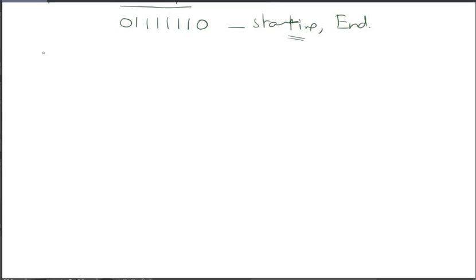Now there is another problem with this bit oriented protocol. Here also this flag can create the same type of problem which was there in the character oriented protocol. That means if the flag pattern appears in the data, the receiver should be able to understand that it is not the end of the frame.